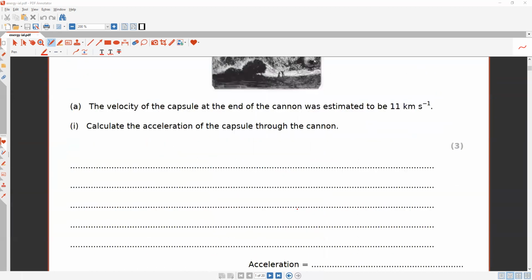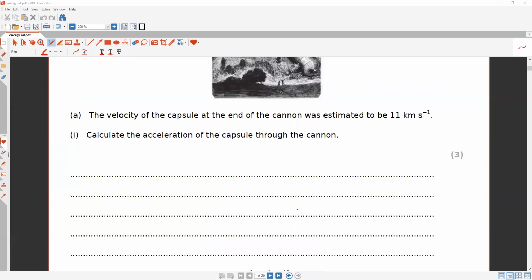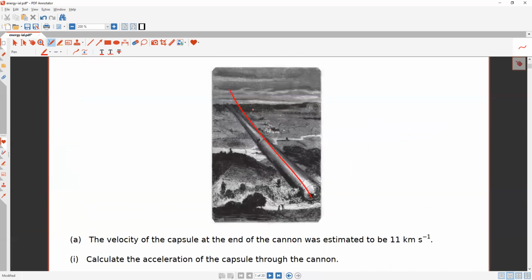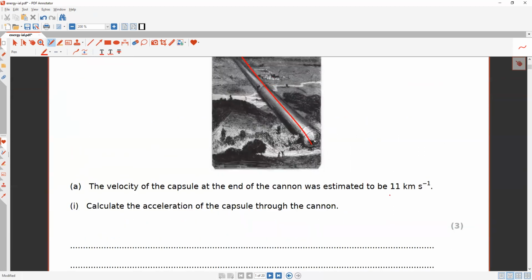So now the velocity of the capsule at the end of the cannon was estimated to be 11 kilometers per second. When it goes, it should travel at around 11 kilometers per second. Actually, this was the thing I saw in one of the old animations.